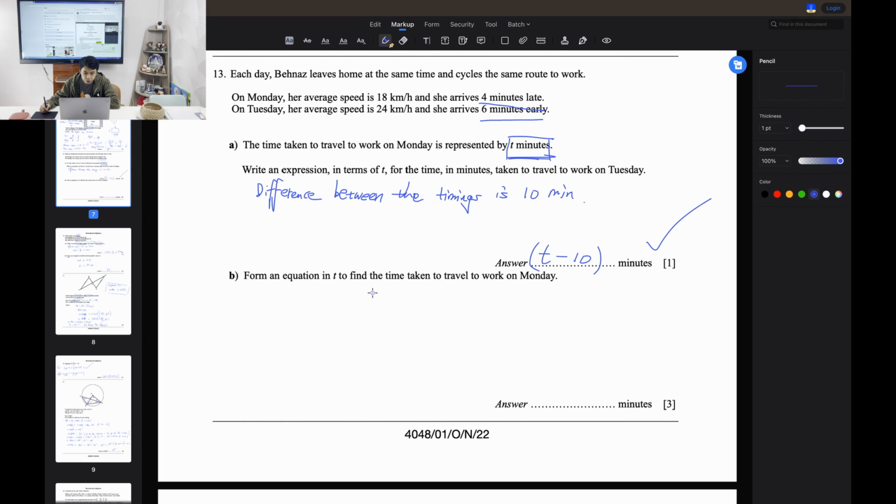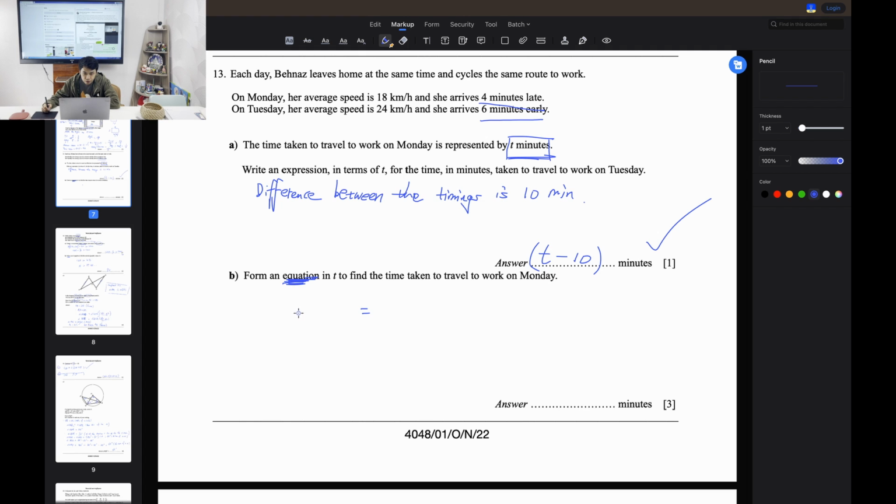Then form an equation in T to find the time taken to travel to work on Monday. Let's form the equation. When we are trying to form an equation, there must be something that's equal to another thing. The thing that's constant is the distance, correct?